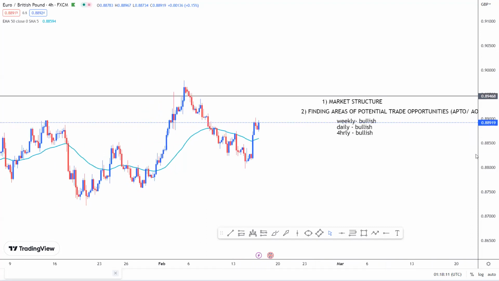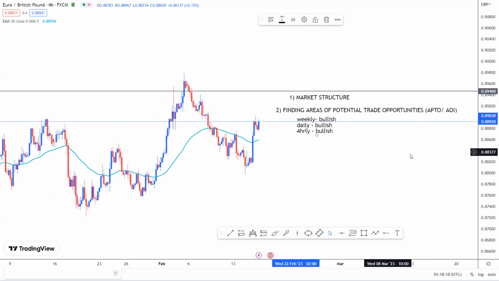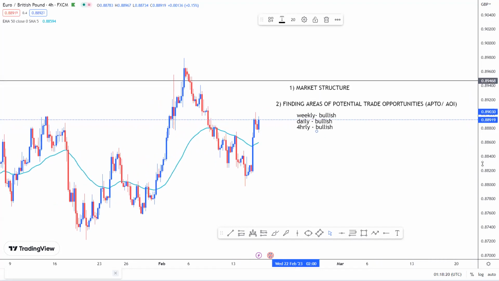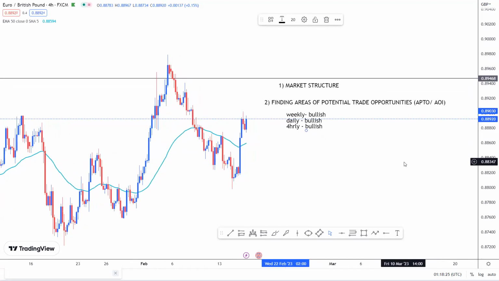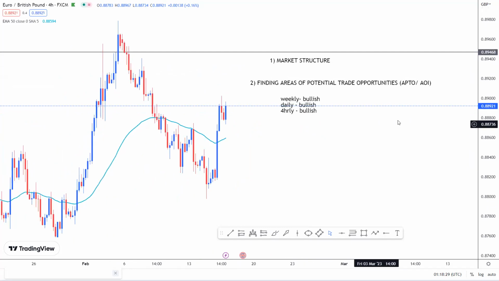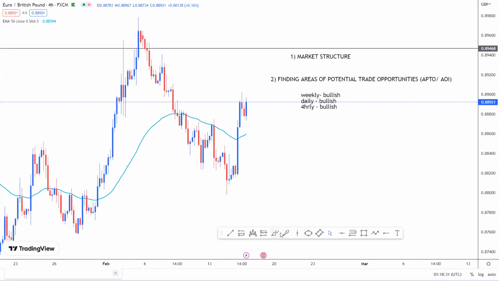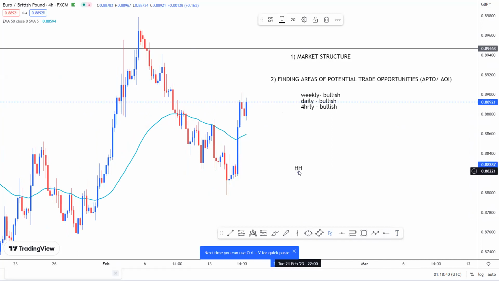And that you can do from any of the time frames, but I will stick with the 4-hourly time frame. So from the 4-hourly time frame, we clearly have a shift in market structure from bearish to bullish, pointing us to a higher high.